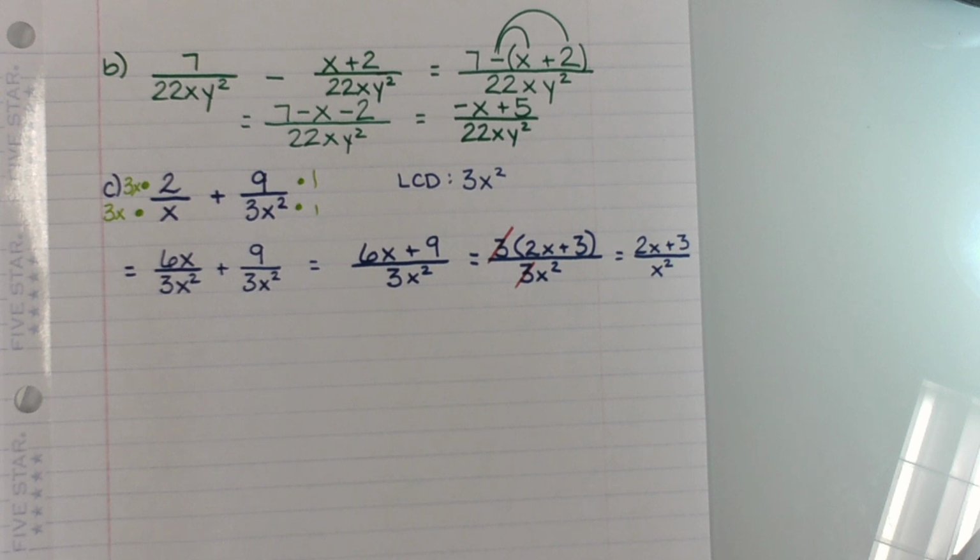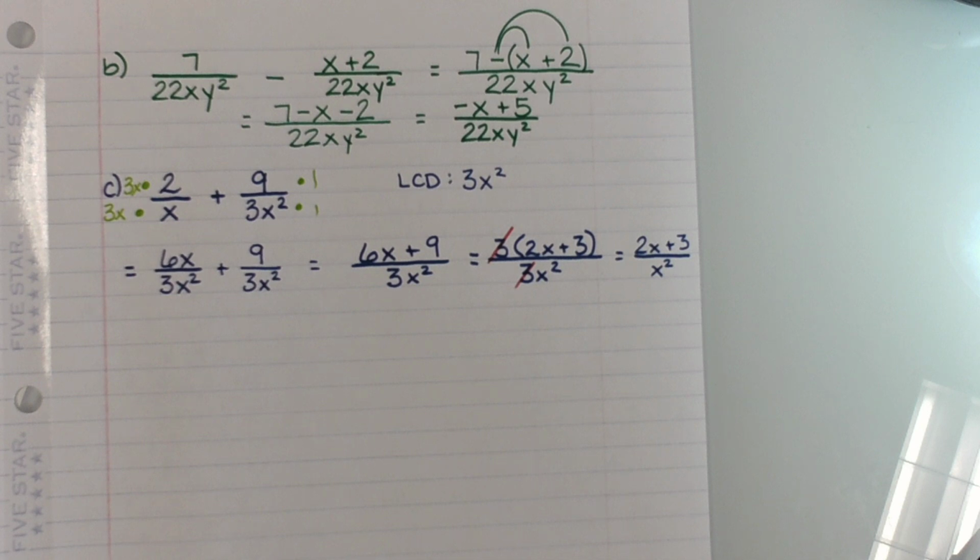Now, just a quick note. Did anyone notice something we could have done at the very beginning? Could I have simplified my original fractions? Yes. And had I done so, that 9 over 3x specifically, that would have been a 3. That would have gone away.